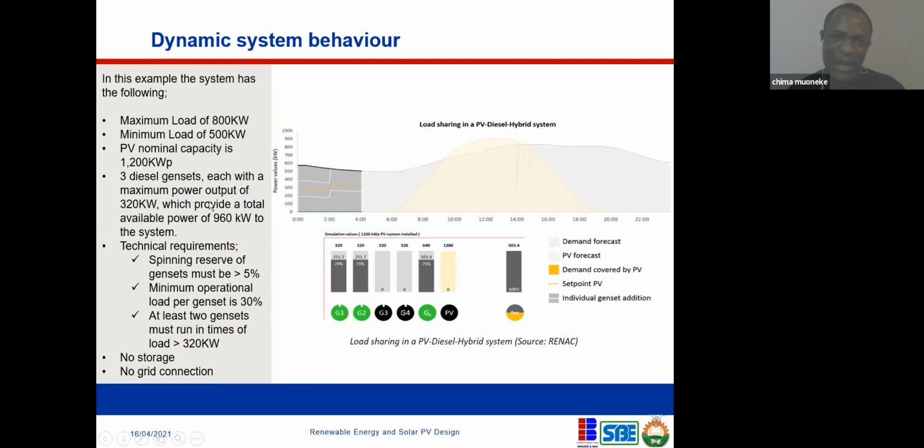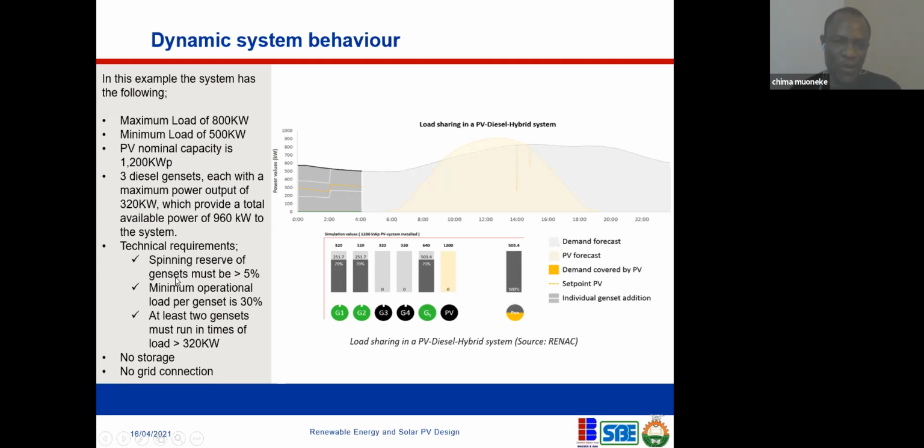This system can actually run only on diesel generators because your maximum load is 800. It can as well run 100% on solar because you have 1,200 kilowatts peak. But in this case, it's a hybrid system. We are combining both because we want to save money and reduce diesel consumption. Now here are the technical requirements for this system. You must maintain a minimum spinning reserve: the spinning reserve of the genset must be greater than 5%.